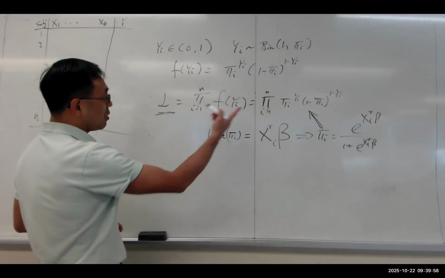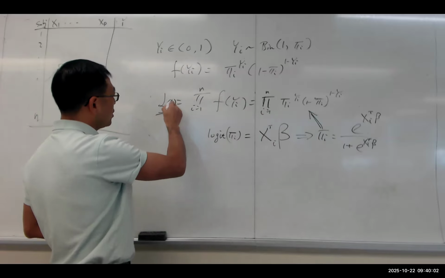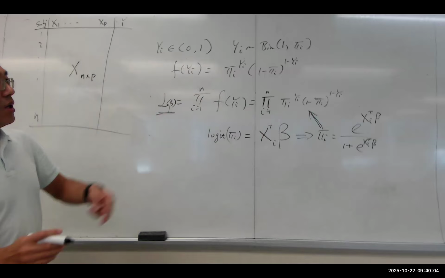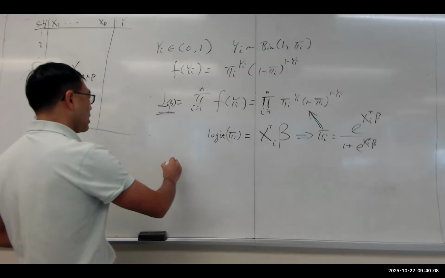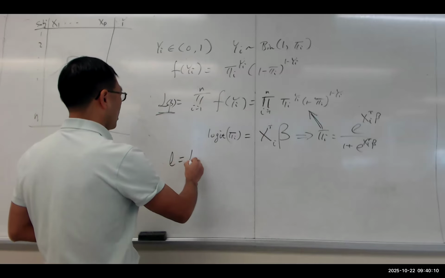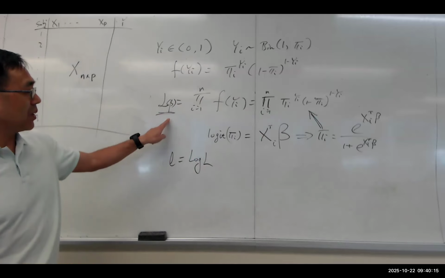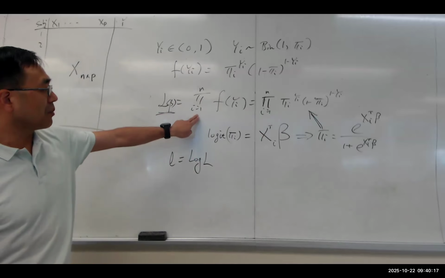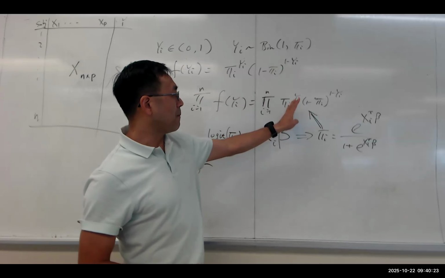Once you plug in, your likelihood function is a function of beta. The thing is, maximizing the likelihood function is usually difficult because it involves a product, and everything is nonlinear.